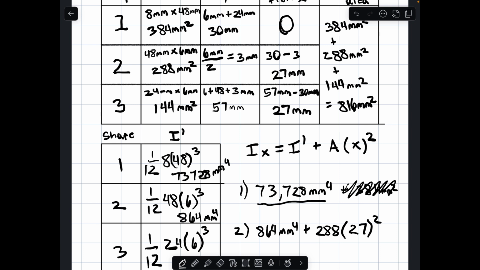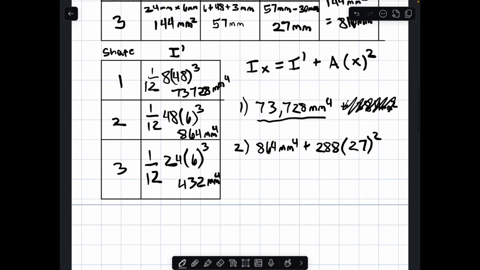This gives us 210,816 millimeters to the 4th.